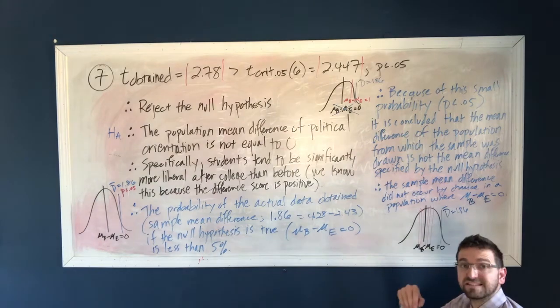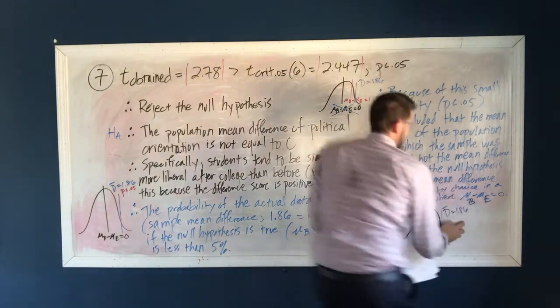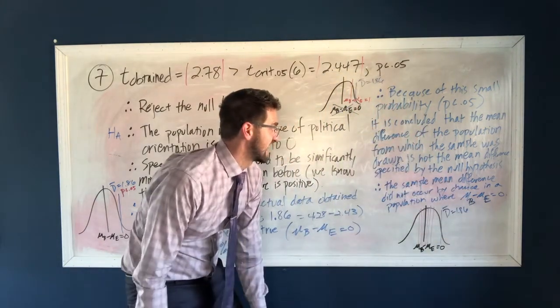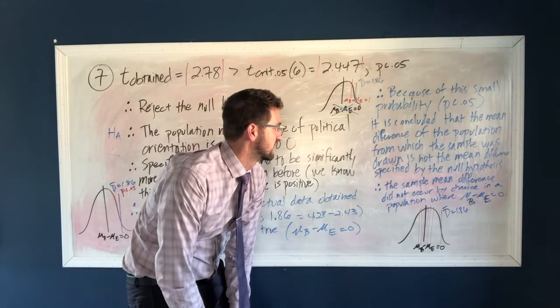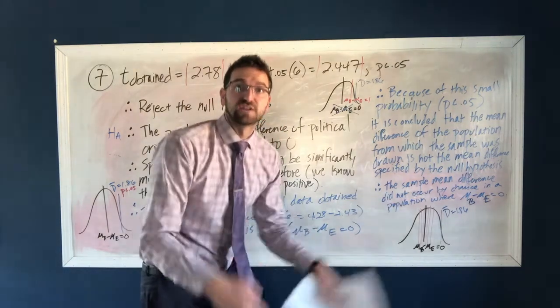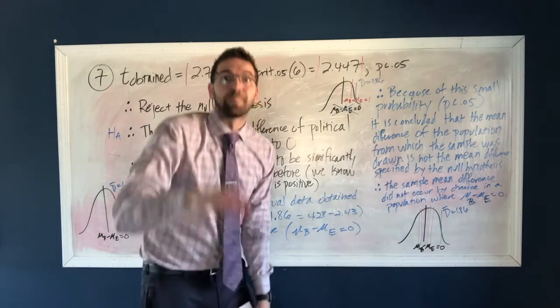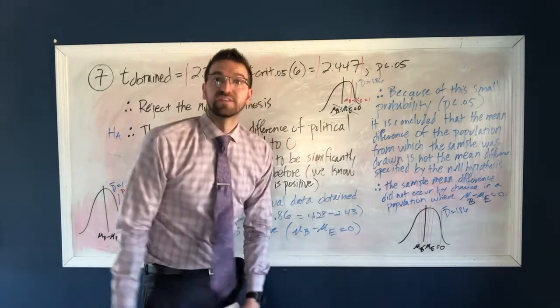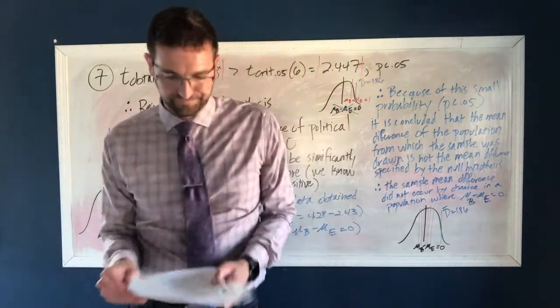Okay, but the difference that we found in the sample is so different that we're saying it's not due to sampling error. It's not a chance fluctuation in a population where the null hypothesis is true.